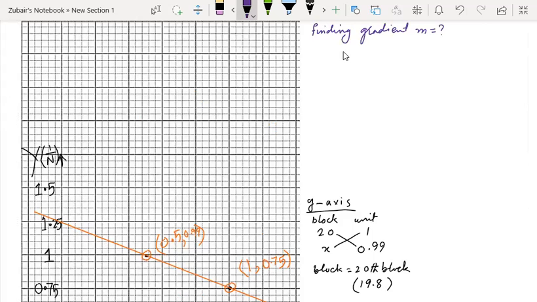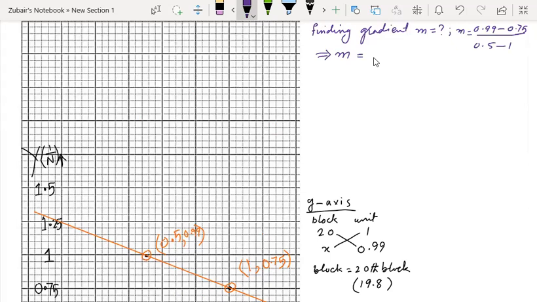Using the formula for the gradient, y2 minus y1 upon x2 minus x1, that will become 0.99 minus 0.75 upon 0.5 minus 1.